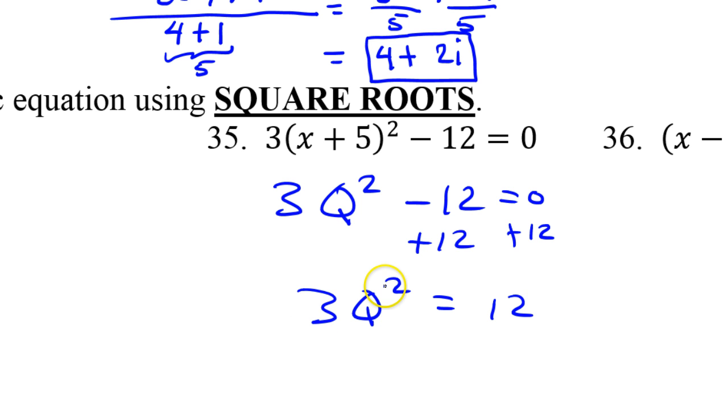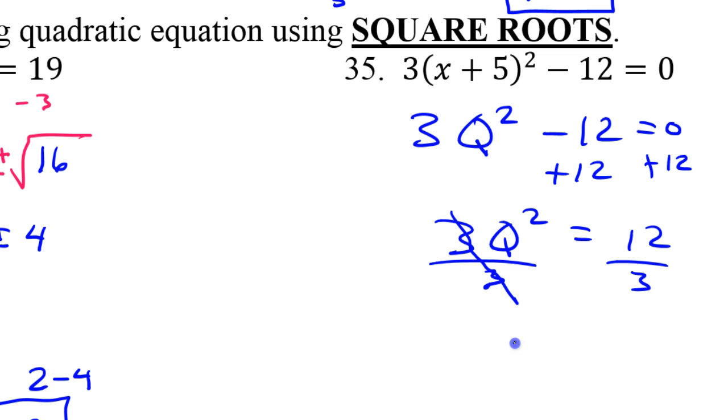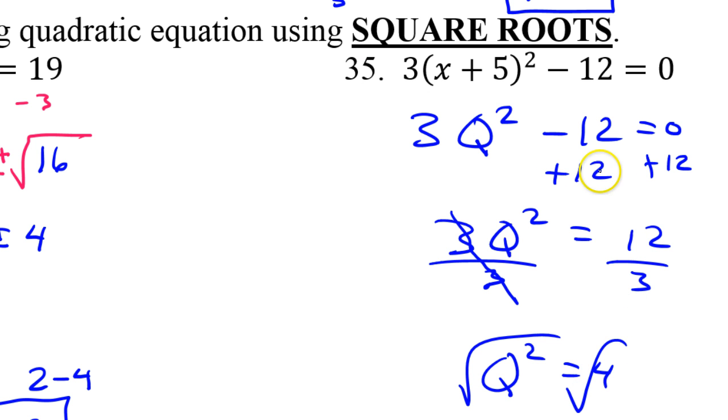Would you take the square root now? No, you would not take the square root now. Instead, you would divide both sides by 3 to make the 3 go away. And then you'd have q squared is equal to 4, and then you would take the square root. So that's what we're going to do now. We're going to add 12, divide by 3, and take the square root.